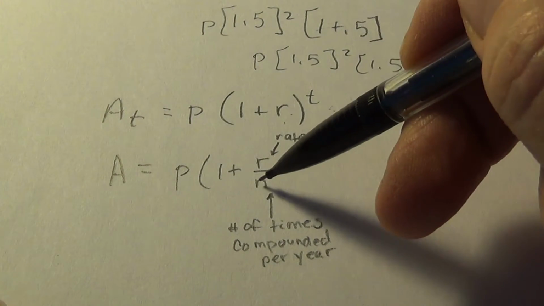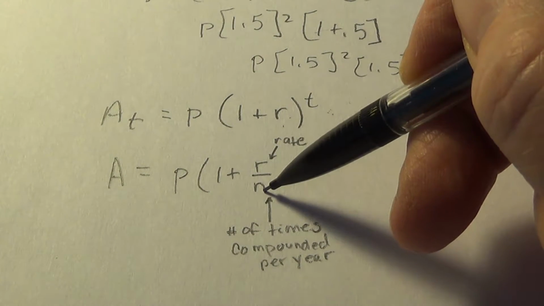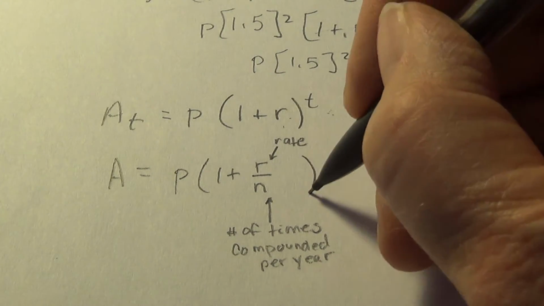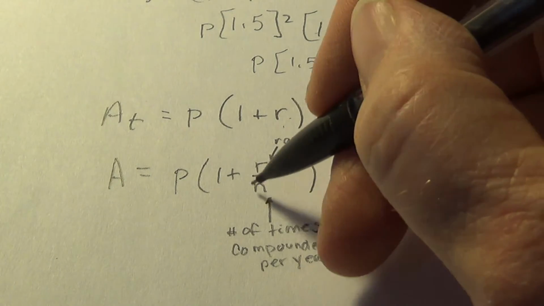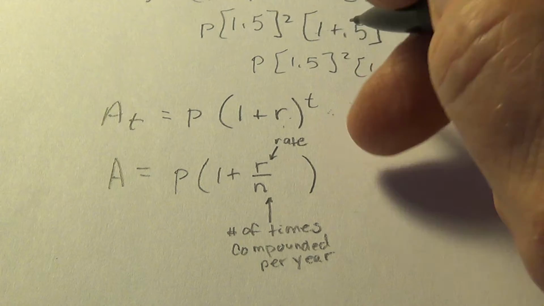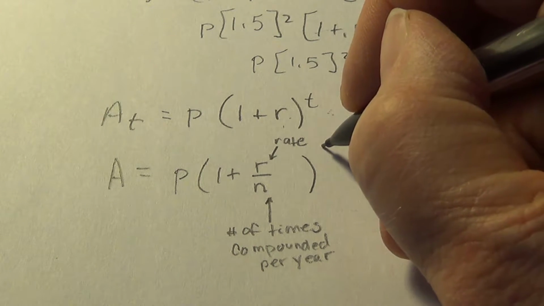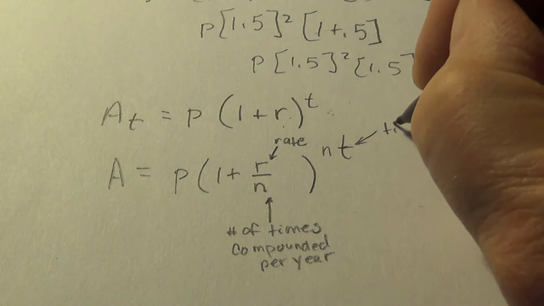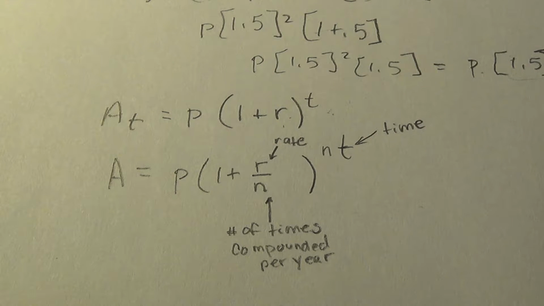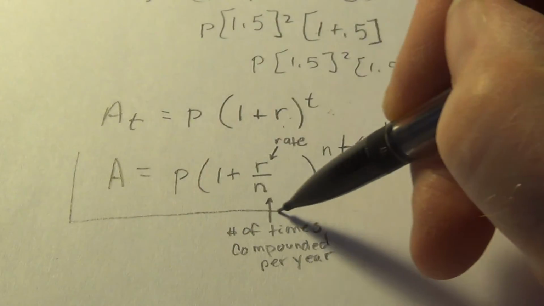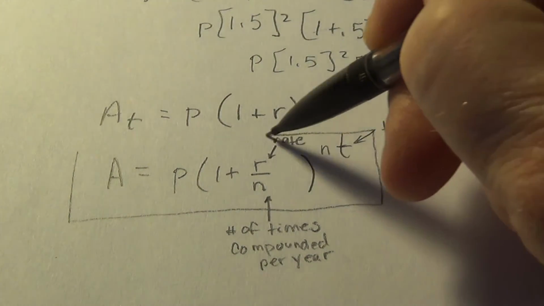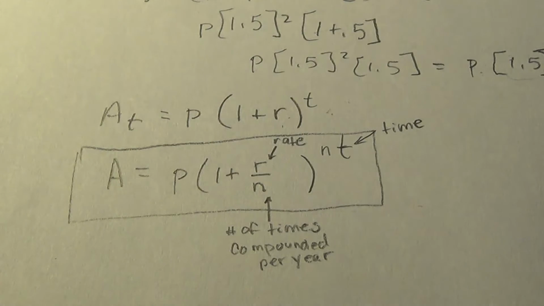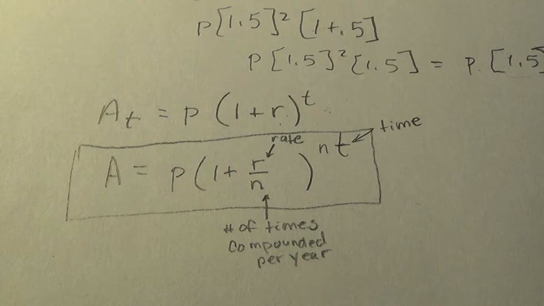So monthly, this would be a 12. Quarterly, this would be a 4. And that's going to be raised, because of the change in the number of times, to the n times t, where t is time. All right, so let's use that equation for our assignment.